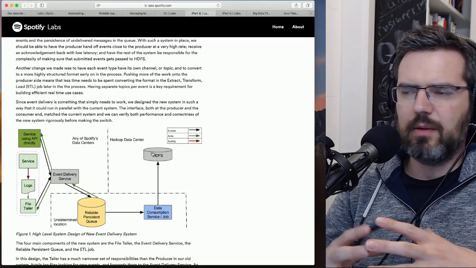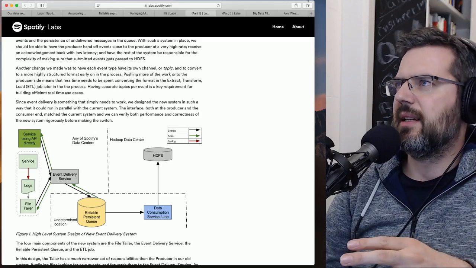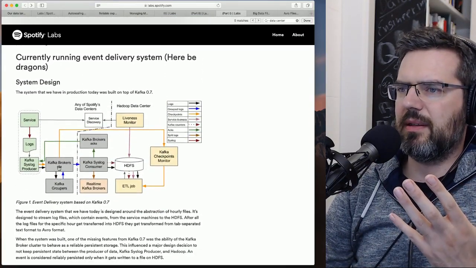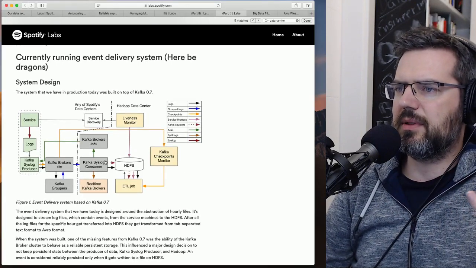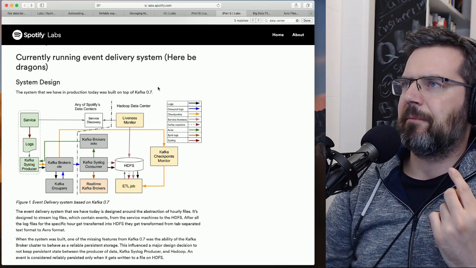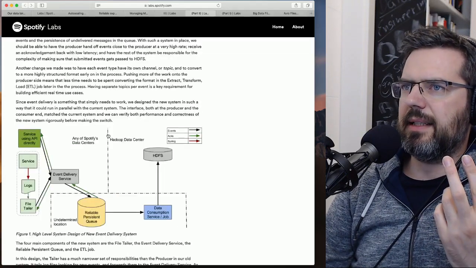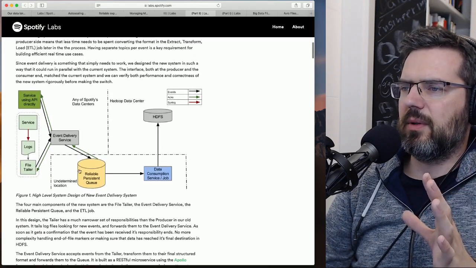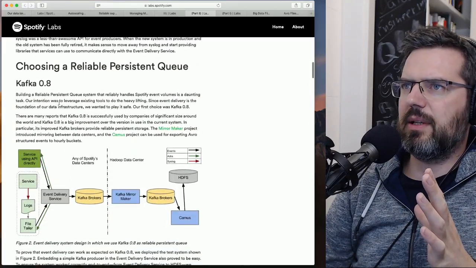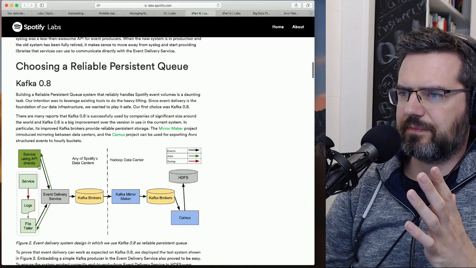So what they were looking for is going away from this complex structure here with Kafka brokers, Kafka groupers, some syslog consumers, and so on. And yeah, so they have been looking into a few things. They have been looking into Kafka.